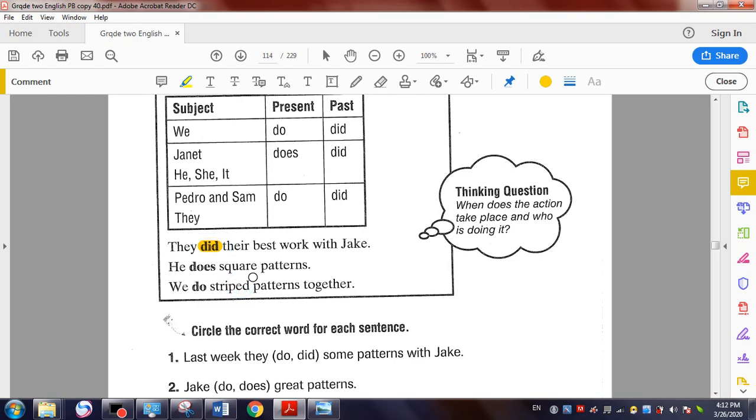He does square patterns. He does. And does here tells about the present. We do strip patterns together. We do. So do goes with we. Alright? And it also tells about the present.